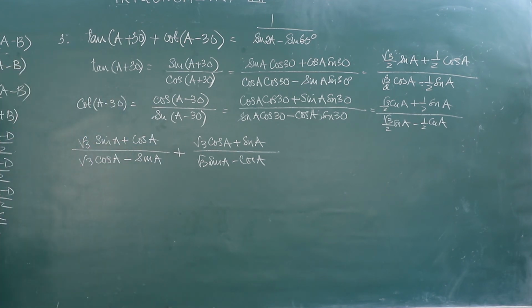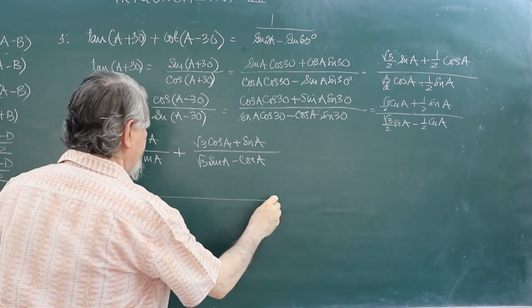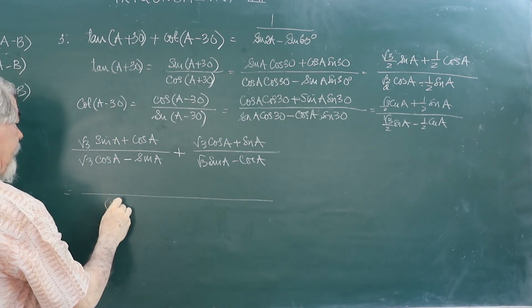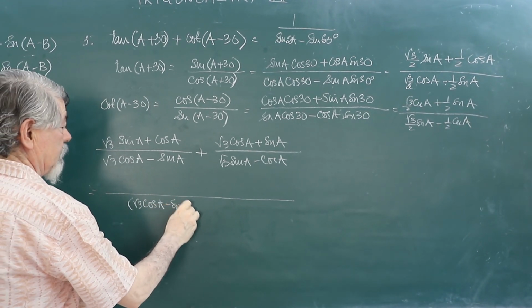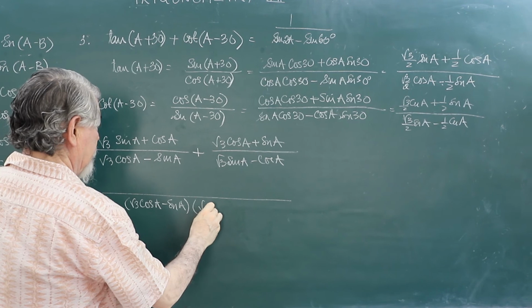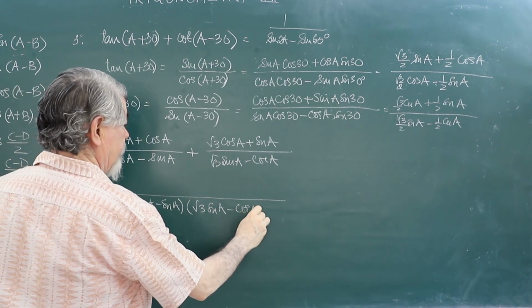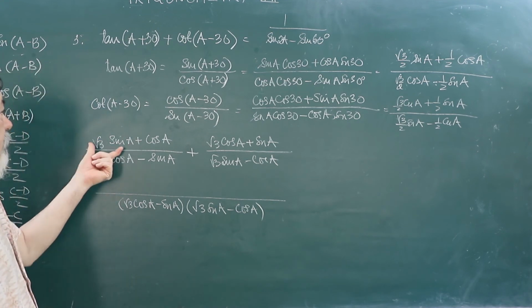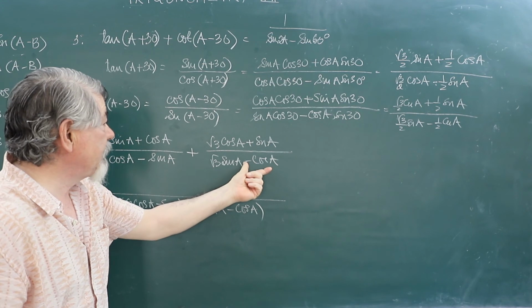Now let us take the LCM of this. The LCM here will be root 3 cos a minus sin a, root 3 sin a minus cos a.